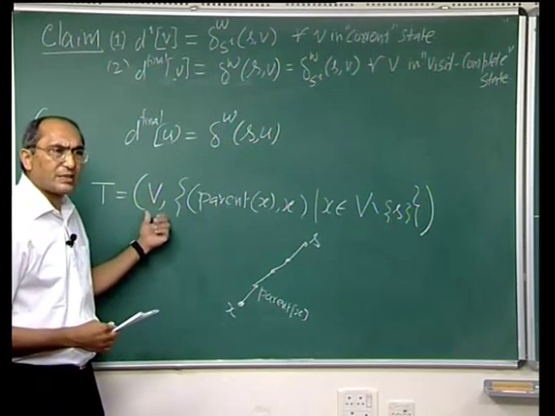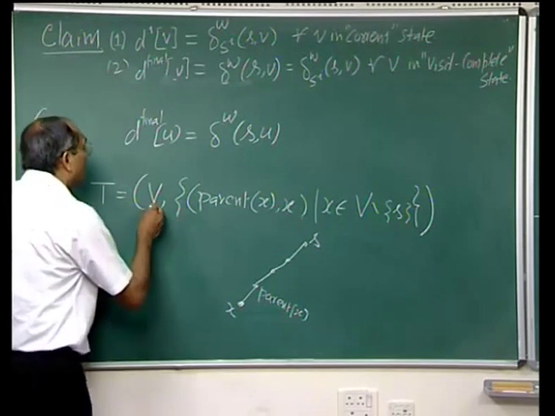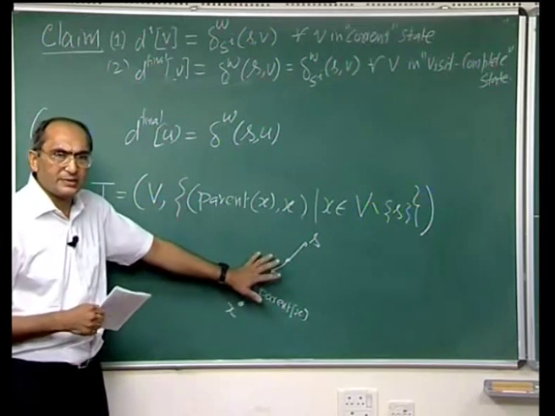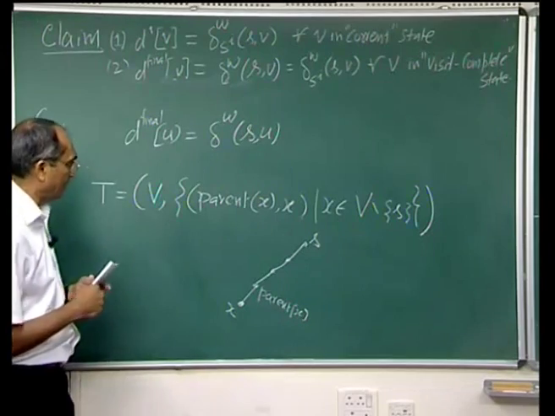The set of vertices are all those which are reachable; I should point out that only the reachable ones will figure in this, otherwise they are isolated.